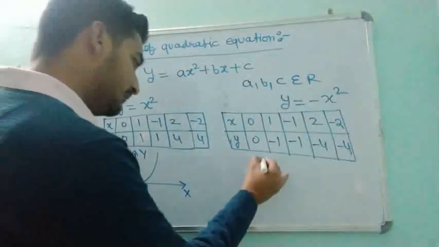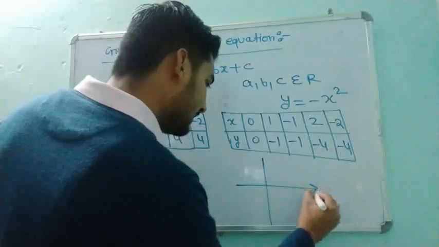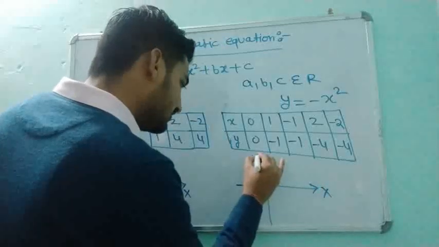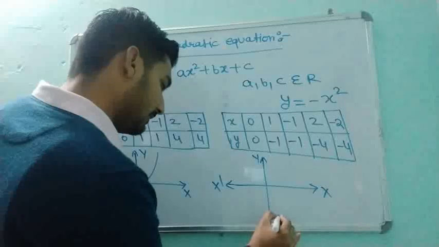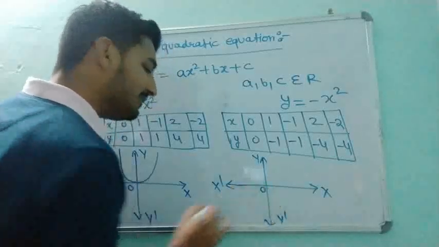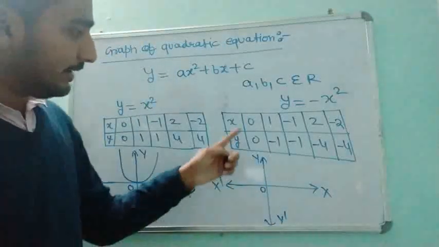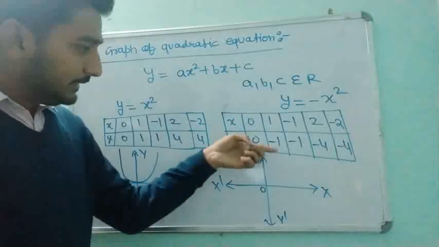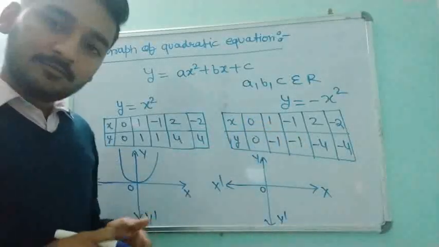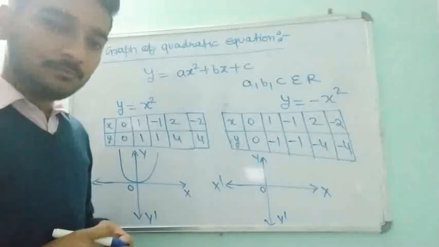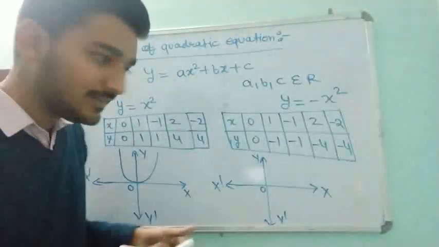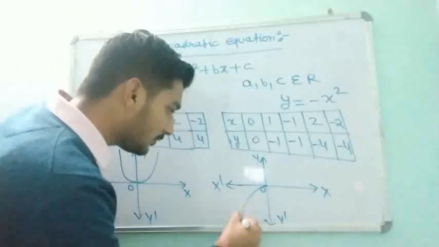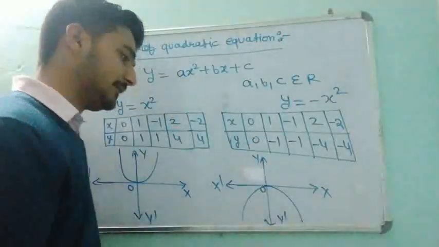If we want to plot the graph for this in the standard coordinate system, for every value of x it gives y as negative. So it means this graph is below the x-axis, because below the x-axis y is negative. So our graph is like this.